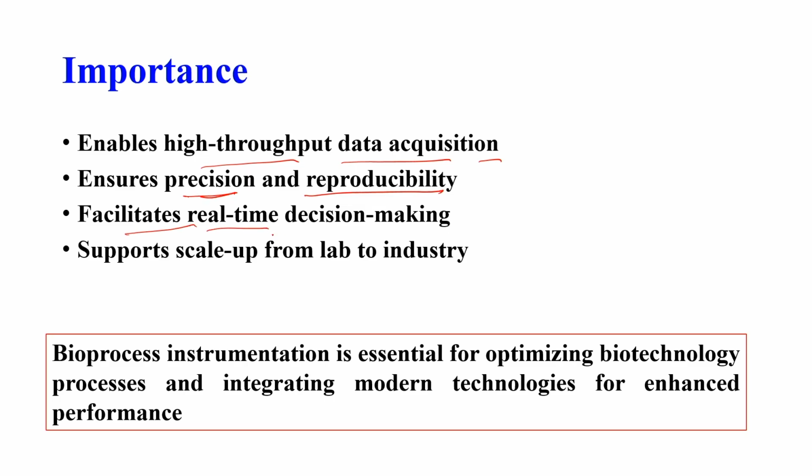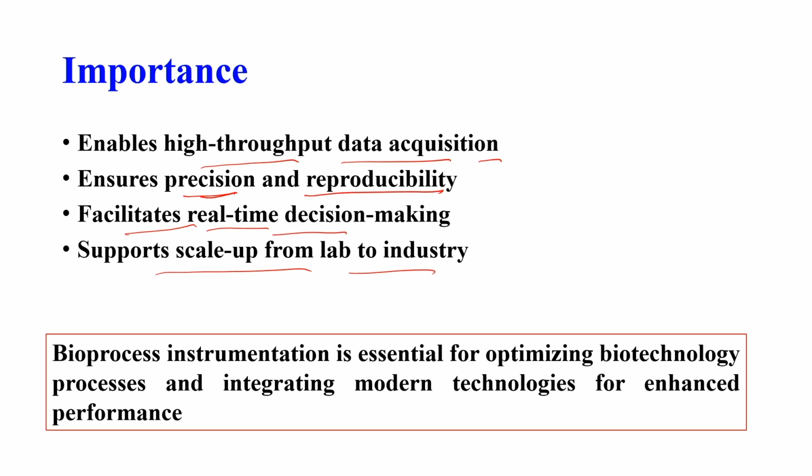Further, monitoring facilitates real time decision making, about which parameter to control and how to control. For example, temperature: whether you need to go for cooling or heating. And once you have this monitoring and control, it supports the scale up from the lab scale to the production scale.